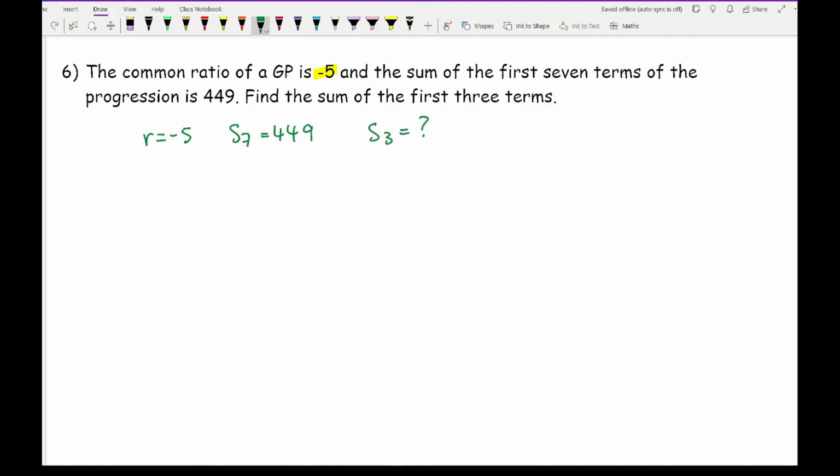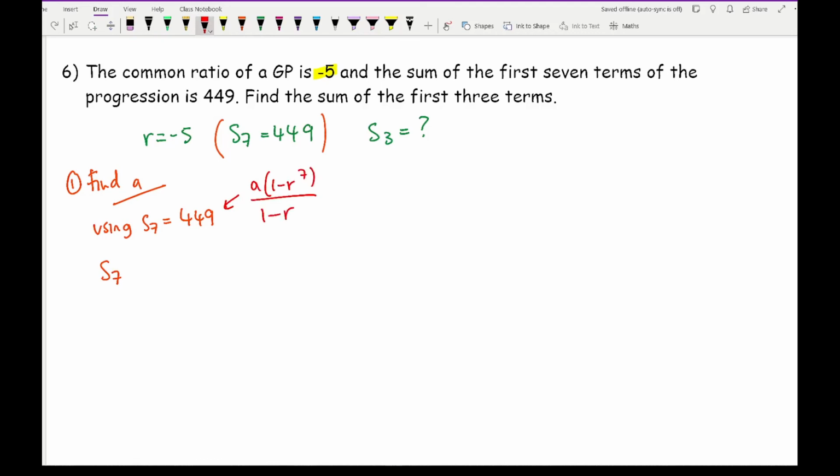Now clearly what is missing here is an a value, so what I need to do first is find a. So in terms of using the little bit of information that I know, S7 equals 449, let me just quickly write down the formula. So a(1 minus r to the 7) over 1 minus r is going to equal 449.